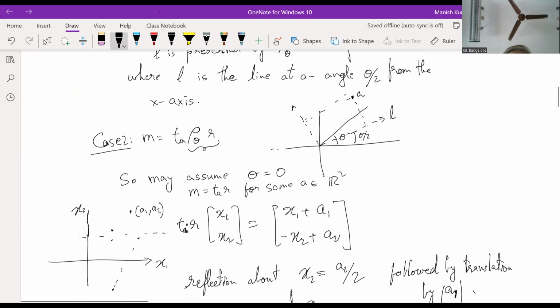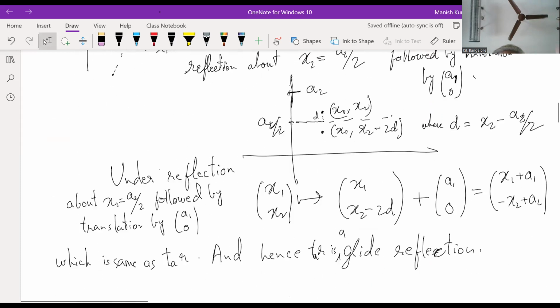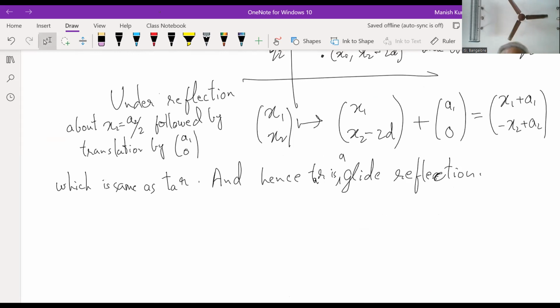So that completes the proof of this result. So any orientation reversing isometry is either a reflection about a line L or a glide reflection. Is that okay? Any questions or comments?